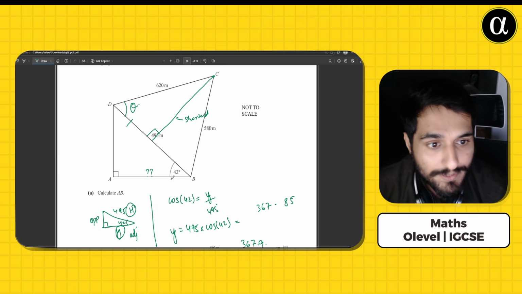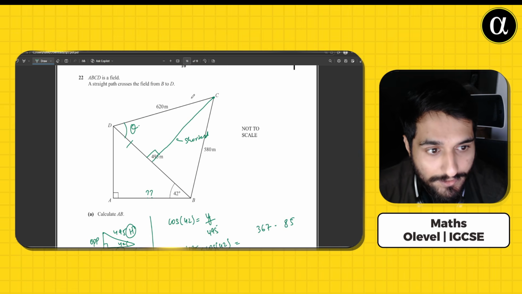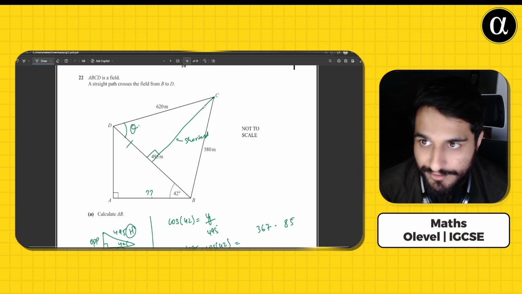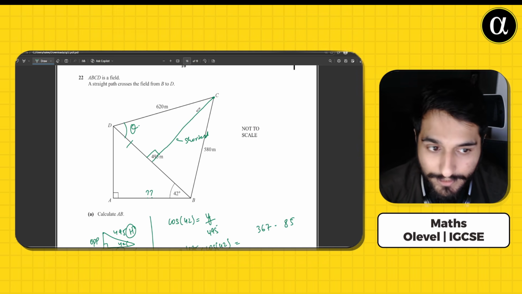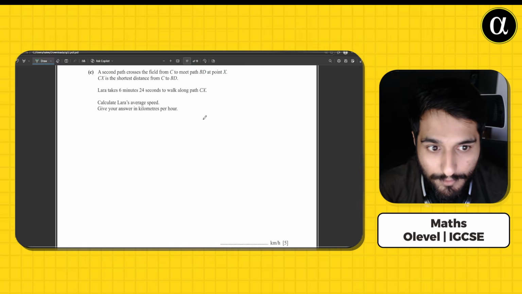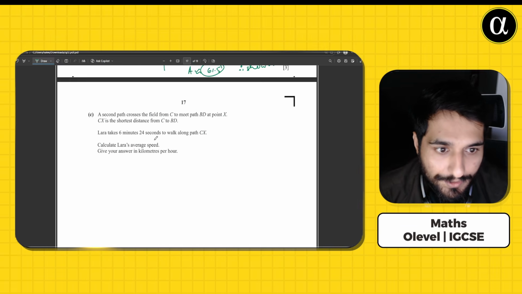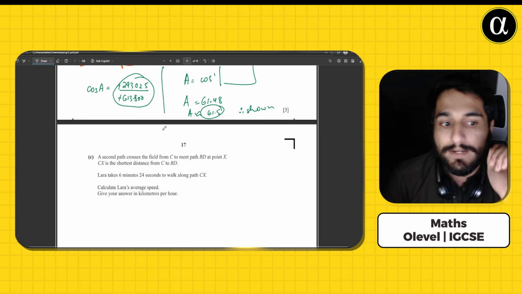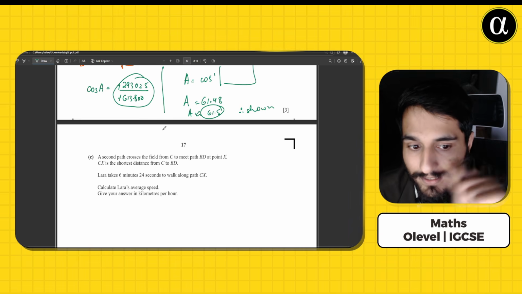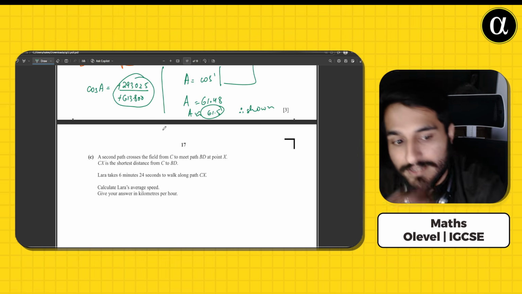Now we don't know what that distance is, but Lara takes 6 minutes and 24 seconds. It further says to calculate Lara's average speed. Give your answer in kilometers per hour.